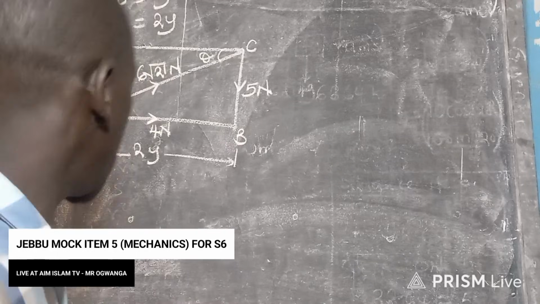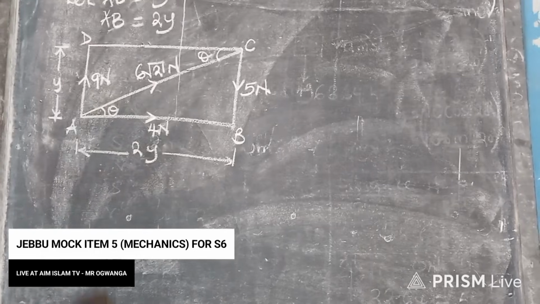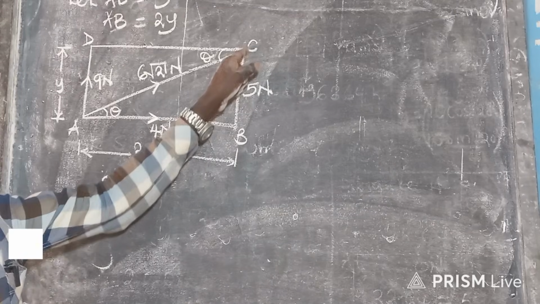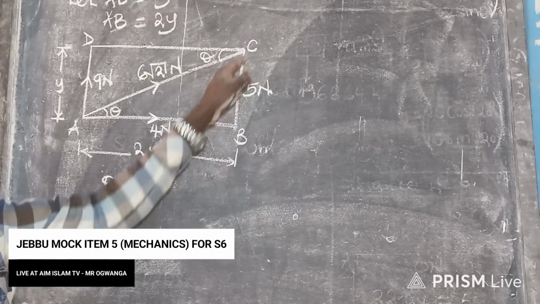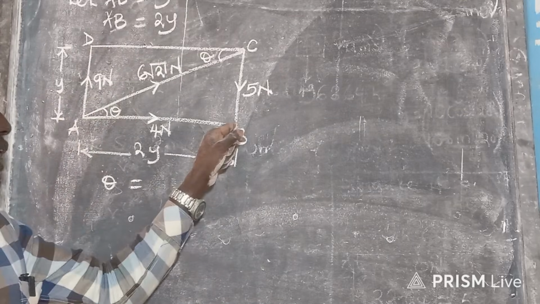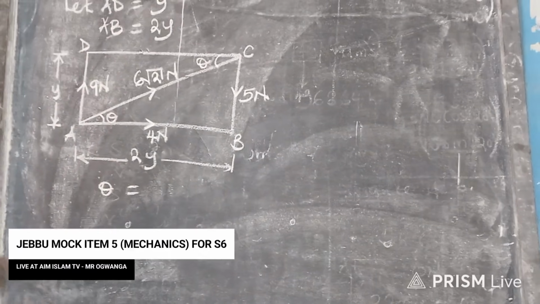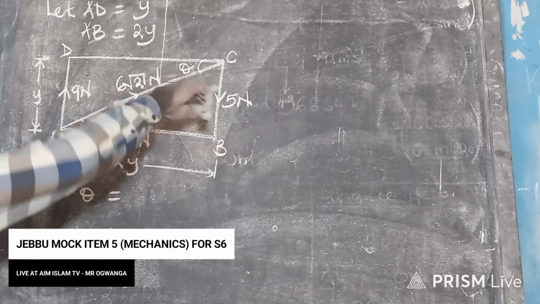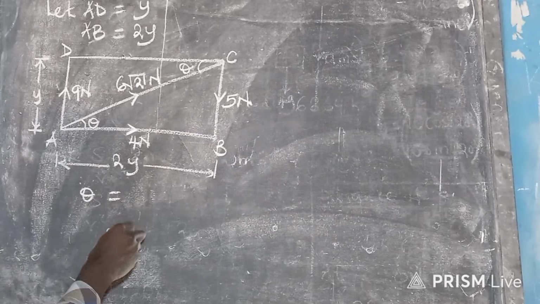If you look at this, I can say that our theta, because when you look at what we are given, the sides of this rectangle, I know this part is the same as y, and I know this part is the same as 2y. So if this is our angle, we are going to have the opposite and the adjacent.